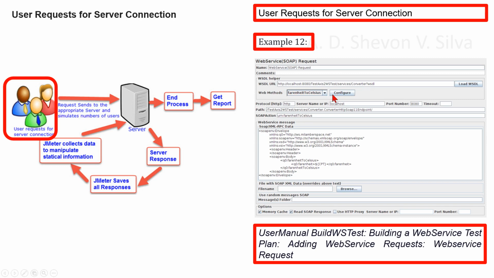The sampler should populate the URL and SOAP action fields. Assuming the WSDL is valid, the correct SOAP action should be entered.